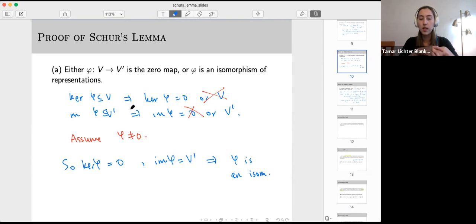But we just used irreducibility and kernels and images and zero. So what I'm arguing is that maybe if we can get other things that have kernels and images and irreducibility and zero that aren't representations, but just have those concepts, we might be able to have a corresponding Schur's lemma.